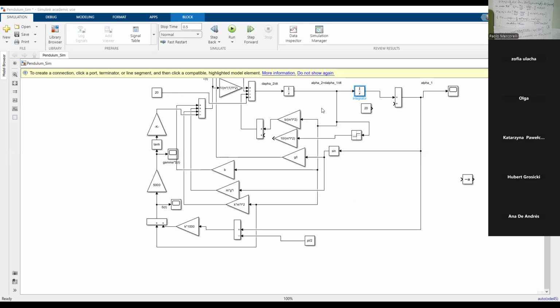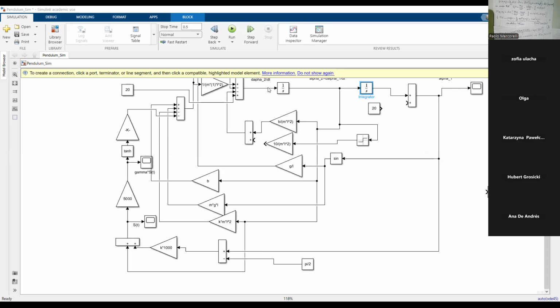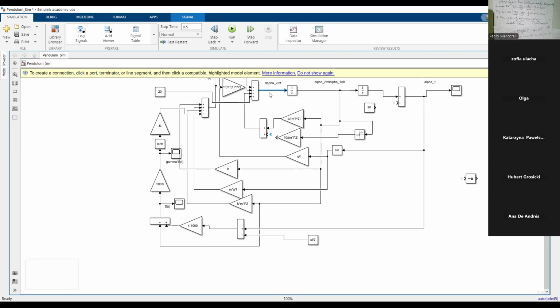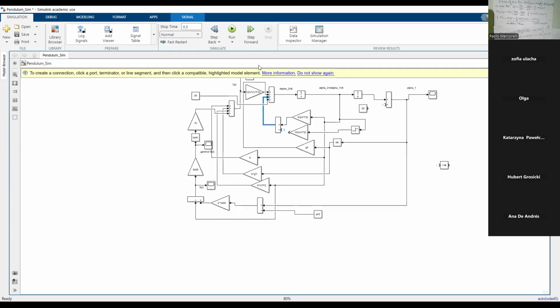And the same here. What we have here is the derivative, the acceleration. This means the derivative of alpha 2. Alpha 2 is the velocity. Now, look at the model. We have here an element, and here another element.